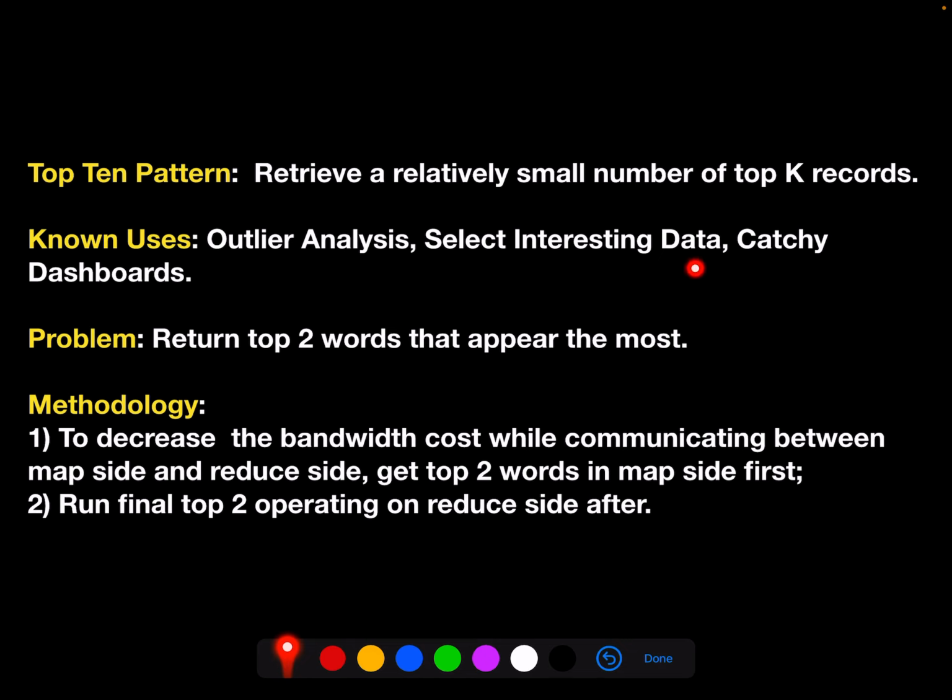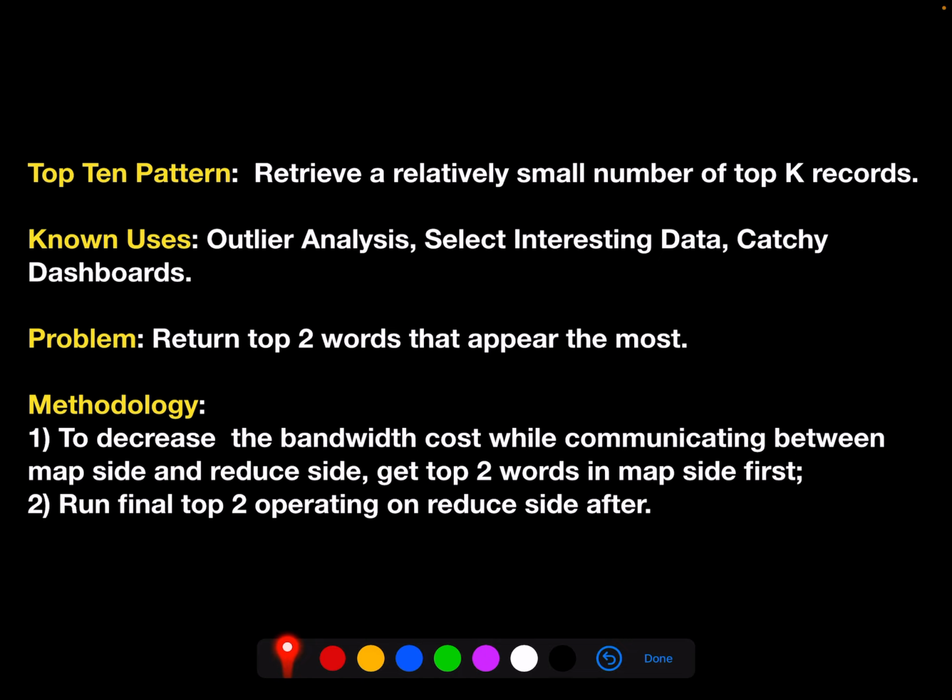Select interesting data by getting the top K ranking, so we know which data are more interesting across the whole dataset. Catchy dashboards: we can create a dashboard by ranking all the records, then show users the top 10 records in the dashboard.